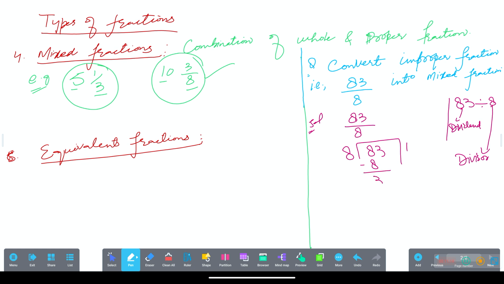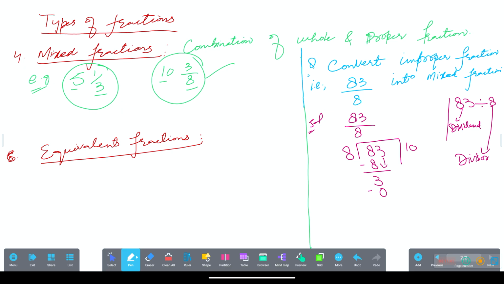Now this 3 comes down. But you have brought this 3 down from the box. So whenever you are bringing the number down from the box, you have to use 8 zeros are 0. If it would have been the remainder of subtracting two numbers, you would not need to put 0 here.